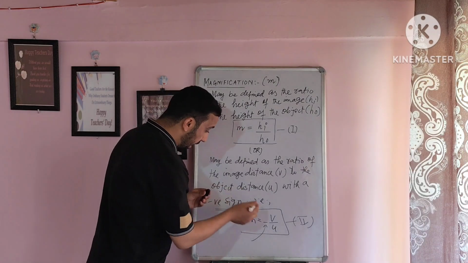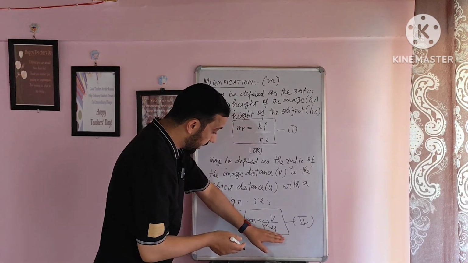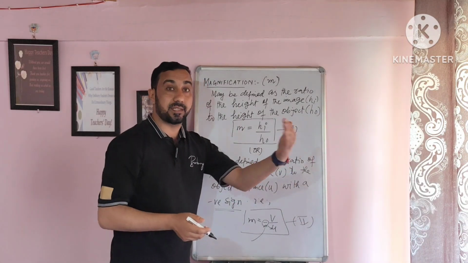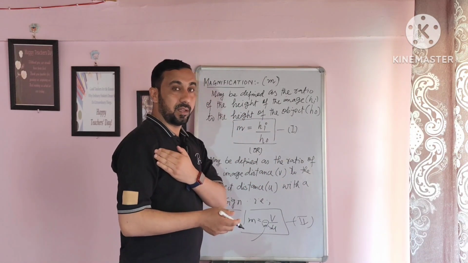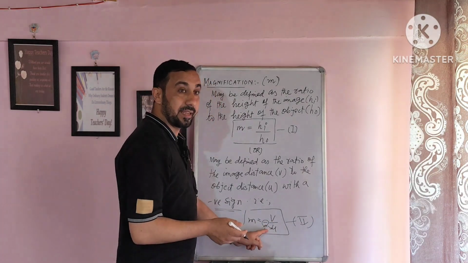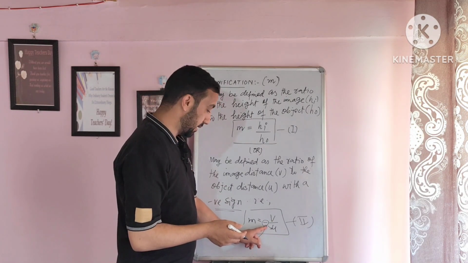That is why this negative sign is attached to the object distance. Since the object is always placed on the left side of the mirror, this negative sign can't be denied. We can always place a negative sign here.